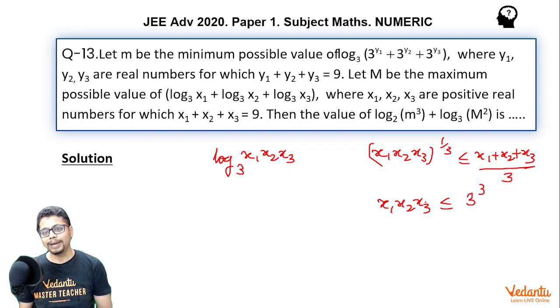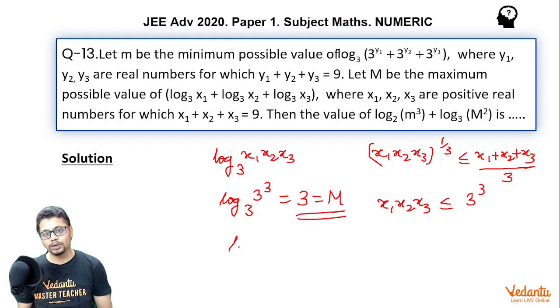So that means the maximum possible value of x1 x2 x3 is 3 to the power 3. So the maximum possible value of log x1 x2 x3 base 3 would be log 3 to the power 3 base 3, which is essentially 3. So here I can say capital M is 3.